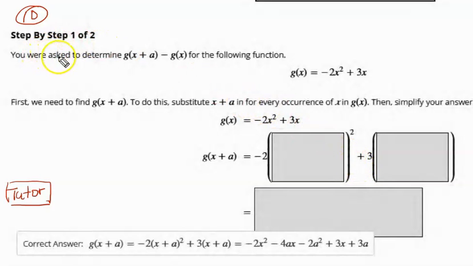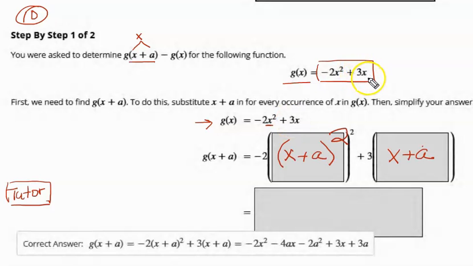Now, they're asking you to take this function, and again, this is the rule here, and substitute these values. This is going to be our x value, where x is in this equation. So again, they're giving you the function here. Take a moment to copy it into your notes.